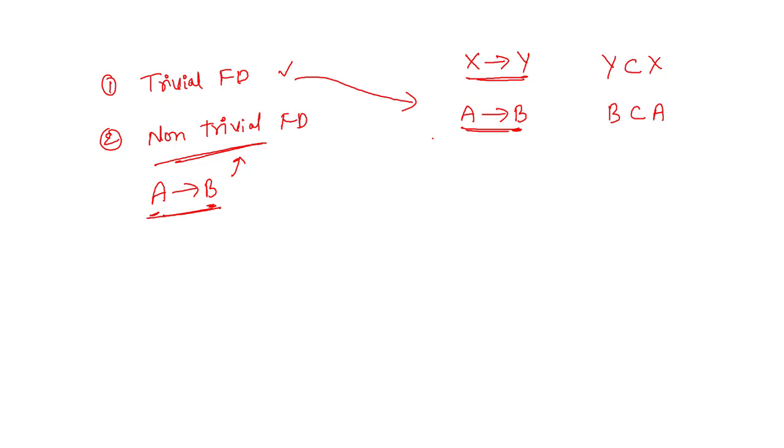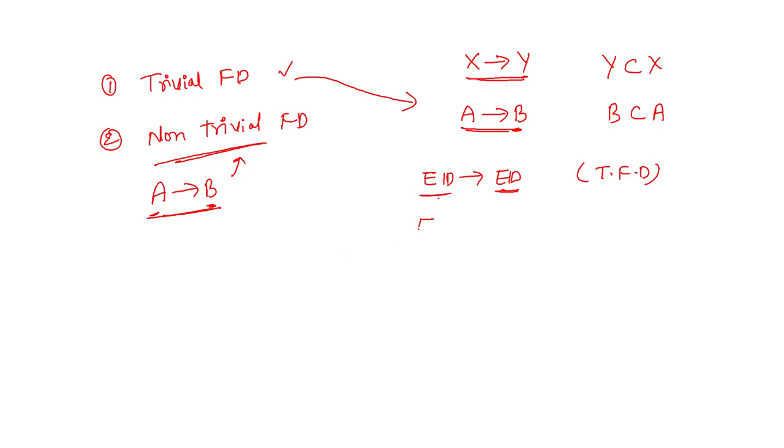Let us take one example of a functional dependency that is trivial. I have employee ID which can determine employee ID. You can observe this is a subset of this one. We can say this is a trivial functional dependency.